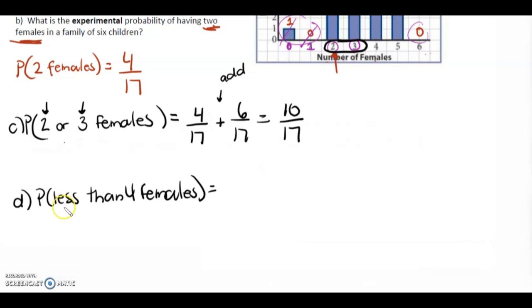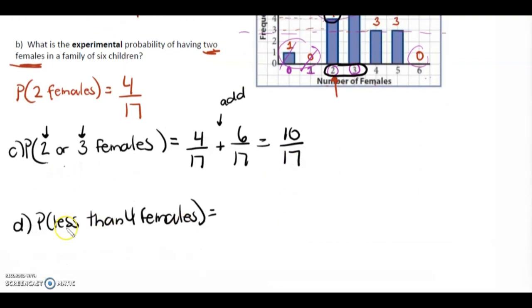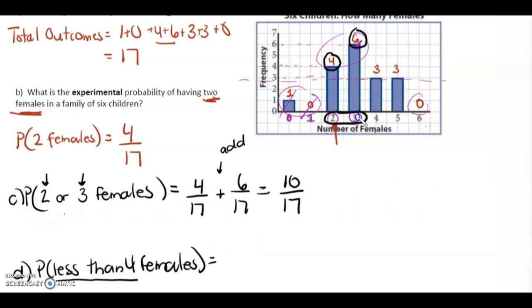Now, what's the probability that a family has less than 4 female children? So less than 4, because it's not 4 or less, it's less than 4. So that means 3, 2, 1, or 0. How many families have 3 girls? 6.